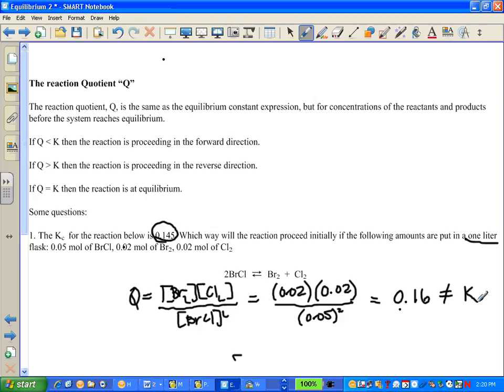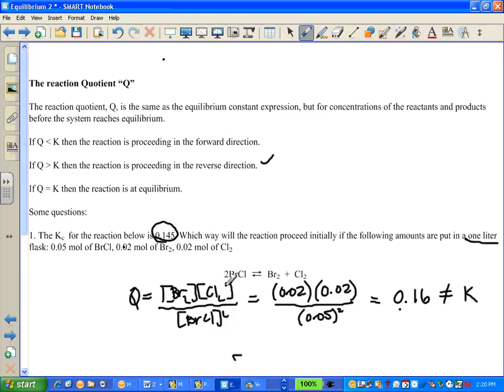You can see above here that when Q is larger than K, we're going to need to proceed in the reverse direction. But let's look at the logic of that. Let's think about Q in terms of it being the products over the reactants.